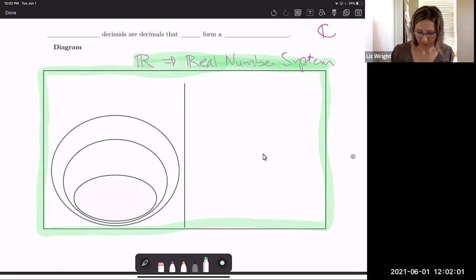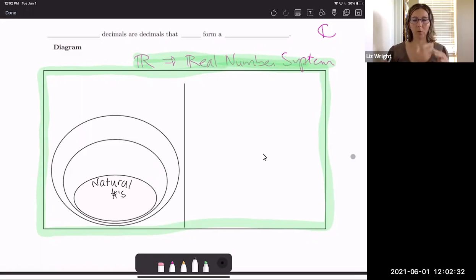The one that makes up the smallest category, the smallest subset, I want you to think about these as nesting buckets. The smallest bucket that we have is the natural numbers. The natural numbers are also called your counting numbers. They're the numbers where you say, all right, kindergarten class, let's count to 5. Do we start with 0 or do we start with 1? We start with 1, right? 1, 2, 3, 4, 5.